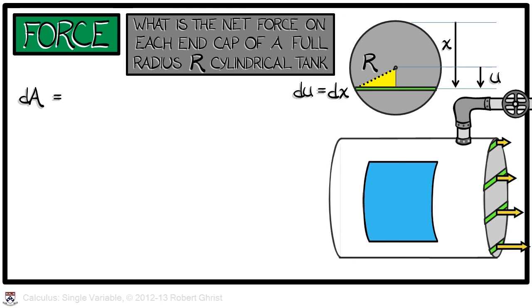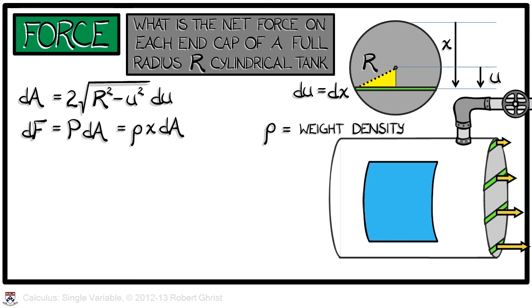Well, with a little bit of help from a right triangle, we see that the area element is twice square root of r squared minus u squared times the thickness, du. The force element is the pressure times the area element. Recall that pressure is rho, the weight density, times x, the distance from the top.